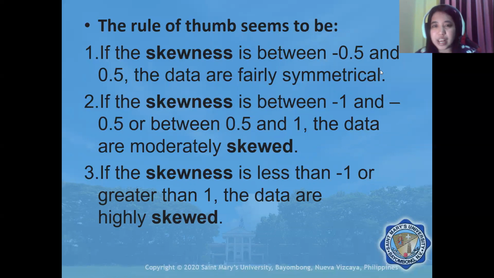While if the skewness is between negative 1 and negative 0.5, or between 0.5 and 1, then the data are moderately skewed. And for number 3, if the skewness is less than negative 1 or greater than 1, the data are highly skewed.